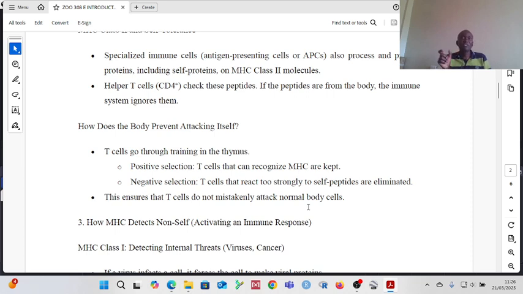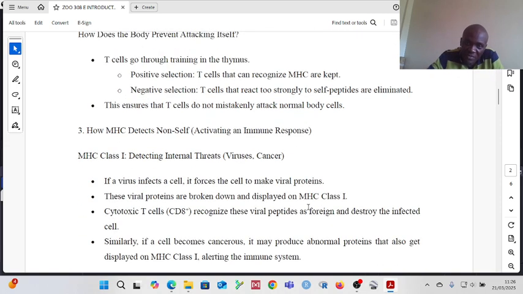So there is positive selection for the T cells that are able to recognize the MHC. So it means whatever is selected to live is the one that has been able to recognize the MHC. So by doing so, all the T cells that will not mistakenly attack normal body cells are kept. Okay? They are kept.